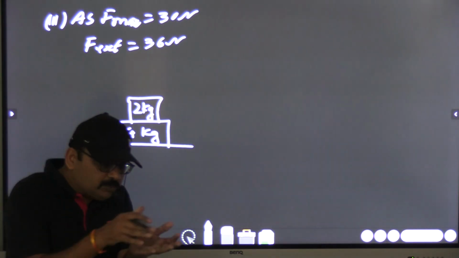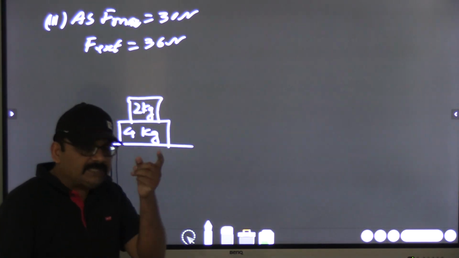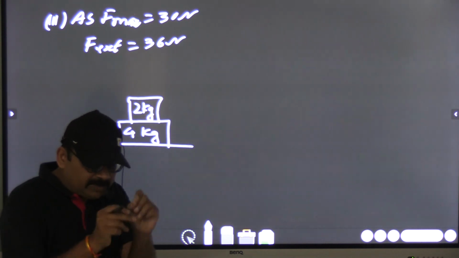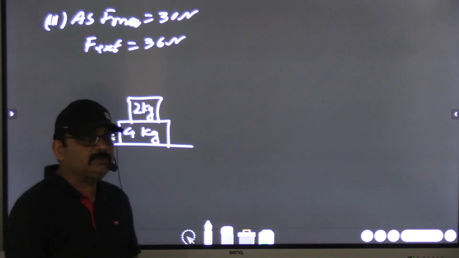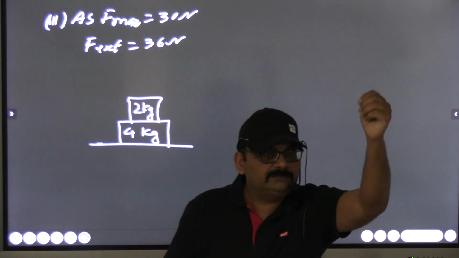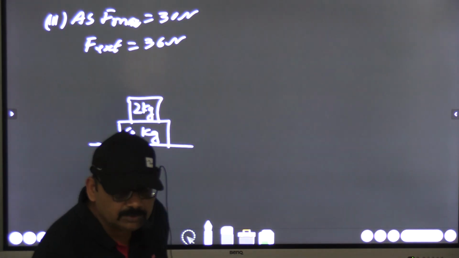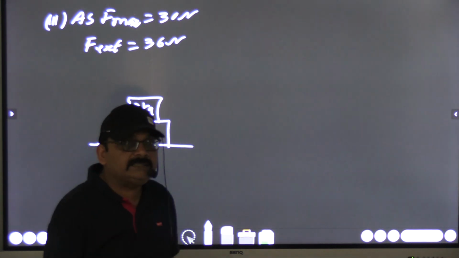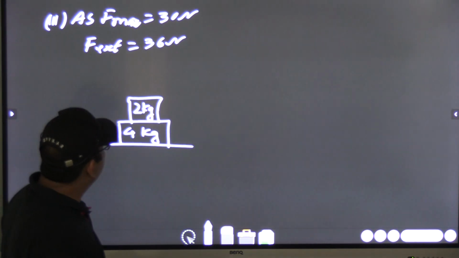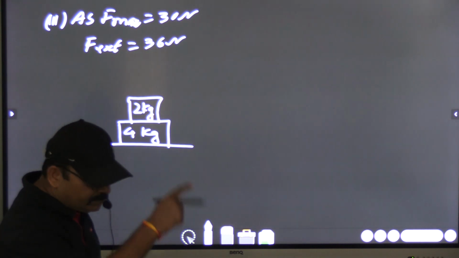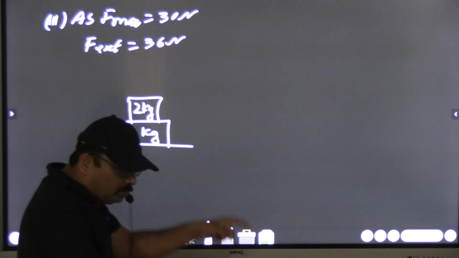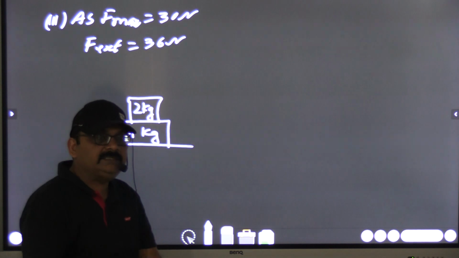When a body is placed over another body, and if the another body is accelerated, suppose you are standing in a bus, right? And bus is accelerated in forward direction, so you feel jerk in backward direction. This is pseudo force, right? So the thing is whether the observer is on the system or outside the system on the ground.